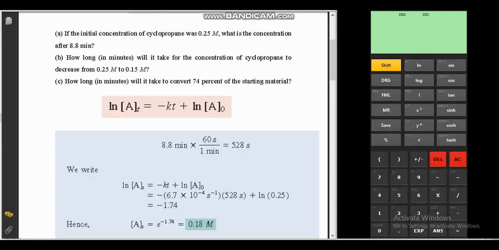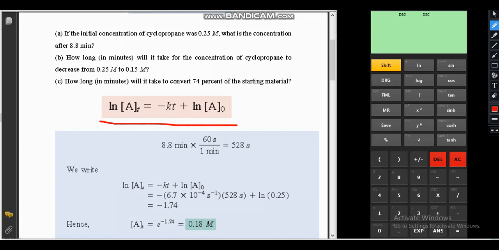The first question is asking us to find, if the initial concentration of cyclopropane was 0.25 M, what is the concentration after 8.8 minutes? Before we can start solving this question, we need to remember this general equation for first order reactions.